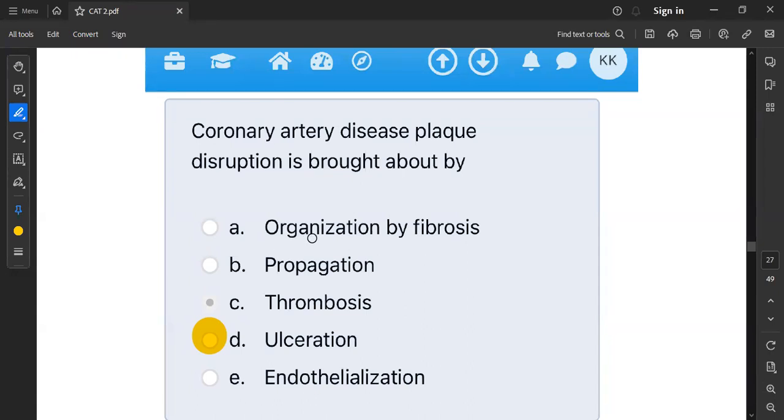Coronary arterial disease is brought about by or worsened by thrombosis, it's one of the pathologies behind it. What will lead to this plaque disruption is the ulceration. Thrombosis is an eye catcher there, definitely. But when we reason it out a bit, maybe we come up with ulceration as a better response.